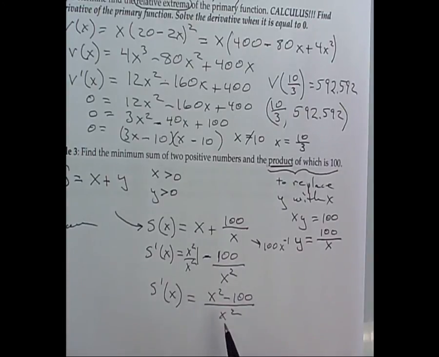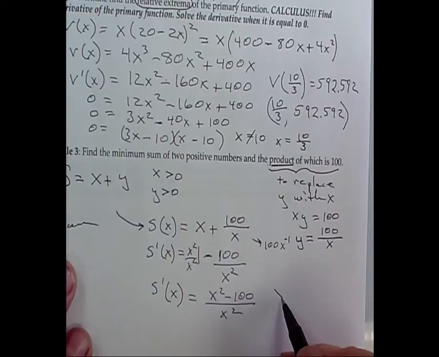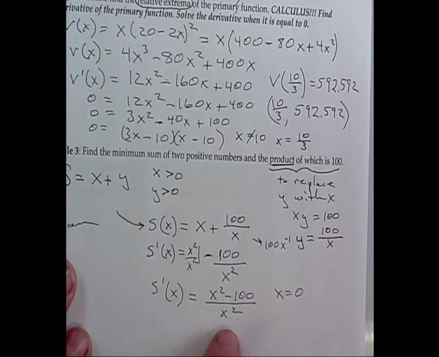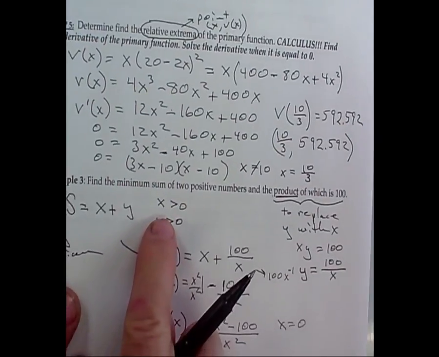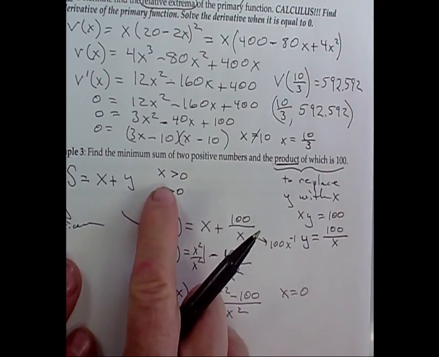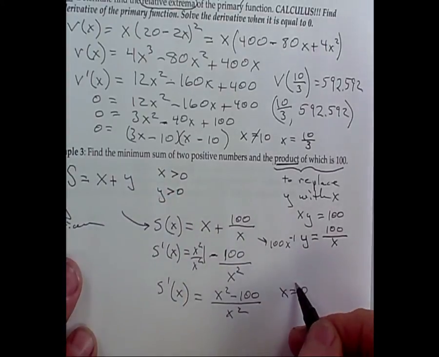It could. So we have to consider it. Does that make sense? So x equals 0 is a critical number because it makes this denominator 0. However, we look at our domain, can it be 0? No. So we cross it out.